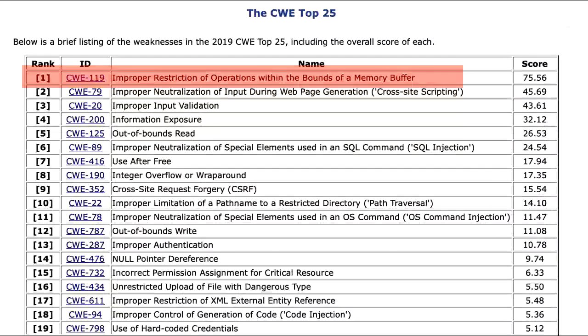Right. So partly because buffer overflows are such a problem, many modern languages are designed differently so that they won't be susceptible to buffer overflows. The typical thing to see in a modern language is for the language to always bounds check all memory accesses, all array accesses, all writes into buffers.